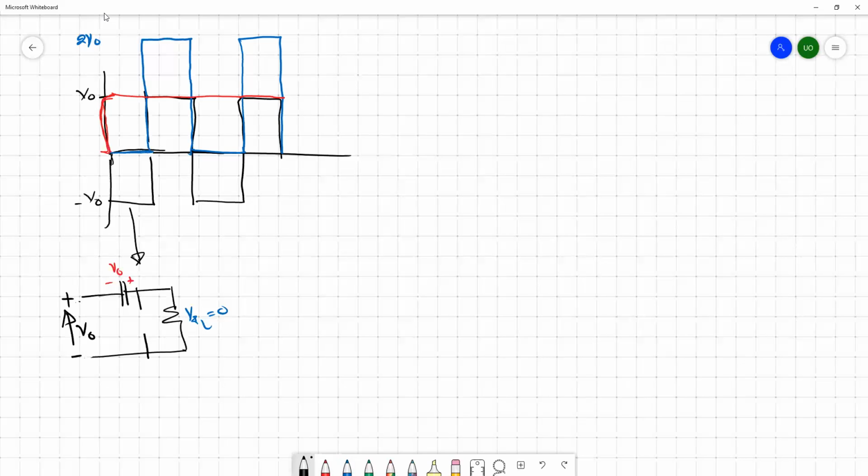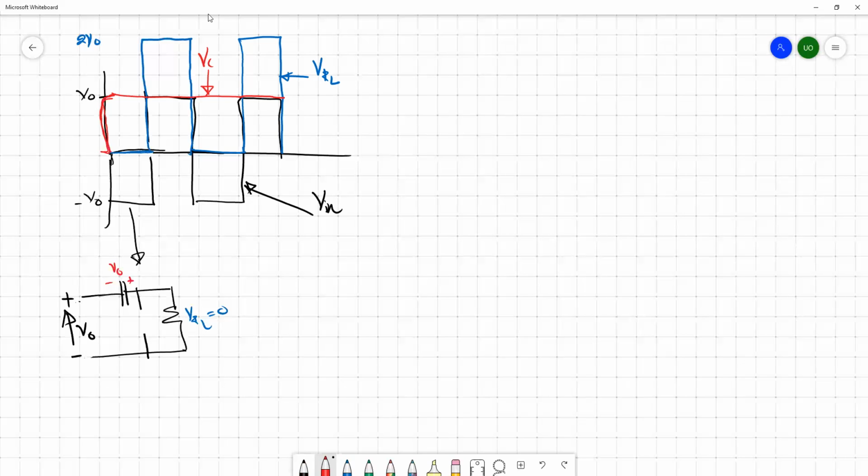So this is your input voltage. This is your output voltage, VRL. This is your voltage across the capacitor. You see.